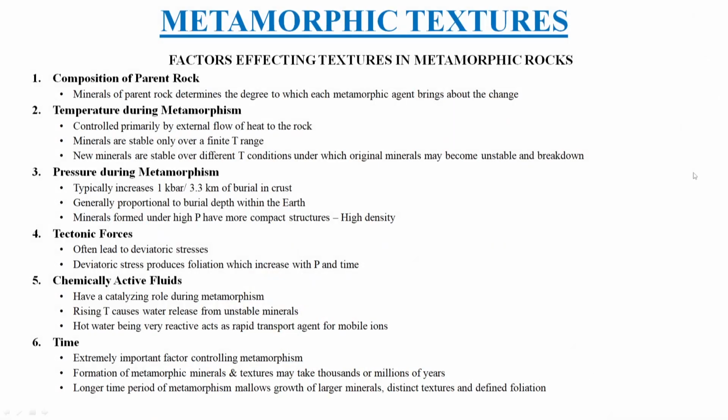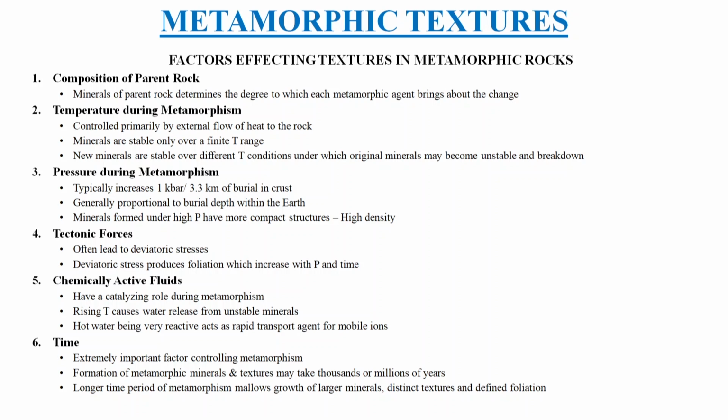Similarly, in case of metamorphic rocks as well, you can either see some kind of layering or planar structures present in the rock, or you do not have any kind of planar structure in that rock. So, broadly you can categorize these metamorphic rocks based on the presence and absence of foliation into foliated type and non-foliated type.